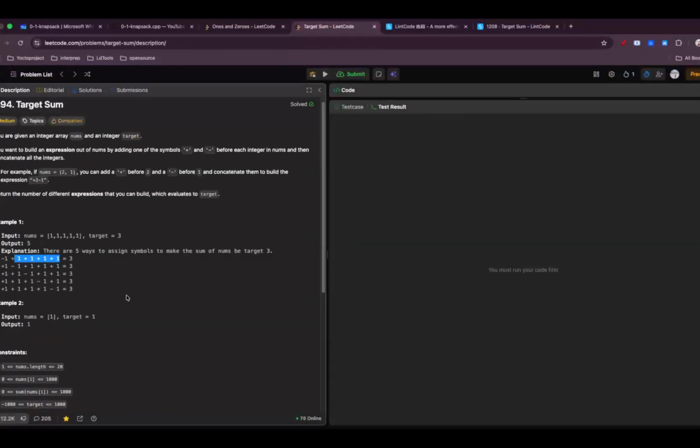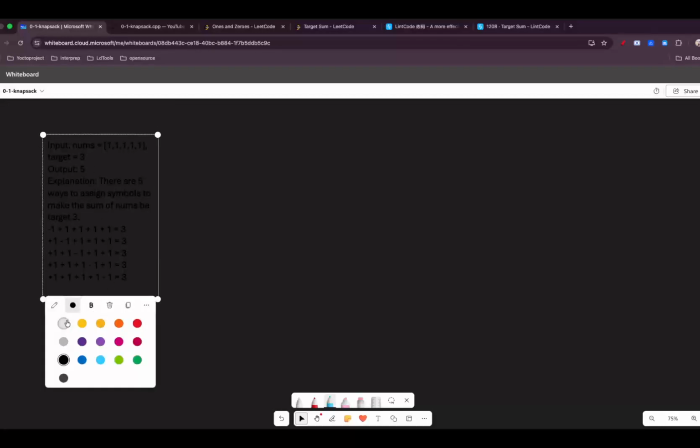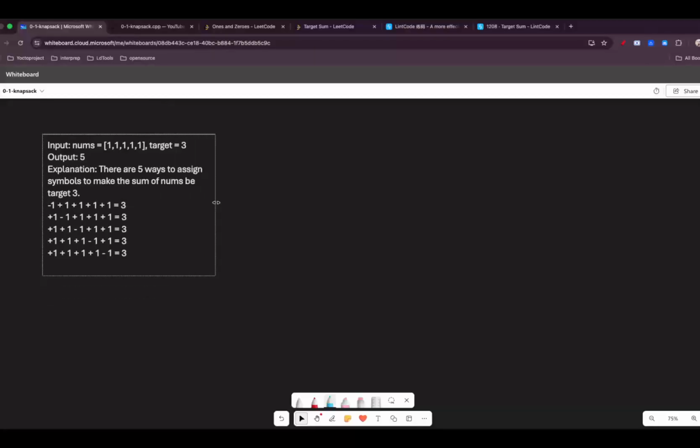Now I feel like diagrams are much easier to explain. So at the starting, we are given 5 ones and the target is 3.